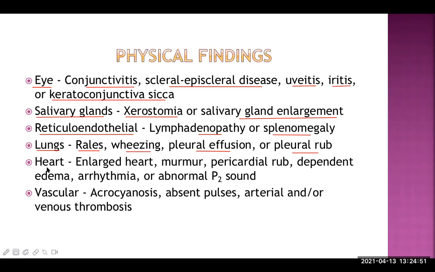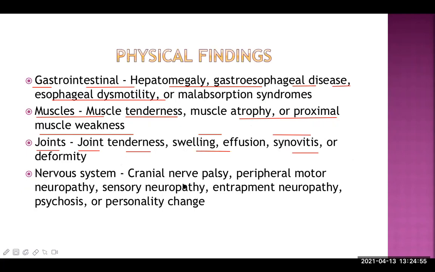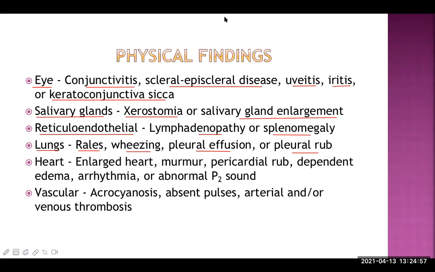Examination of the heart will show us an enlarged heart, or a dilated heart, maybe features of pericardial effusion. This enlarged heart is mainly due to pericardial effusion. Just like pleural effusion, there is fluid collection in the pericardium also.